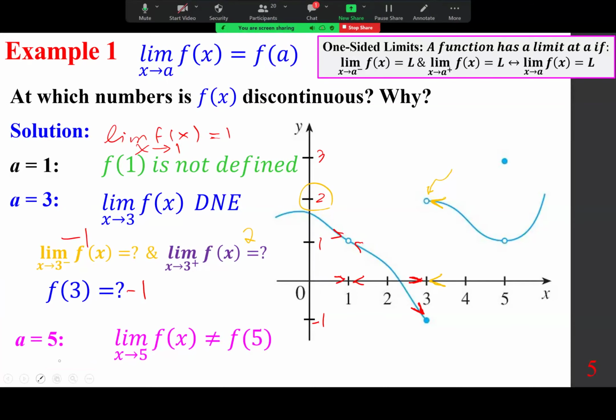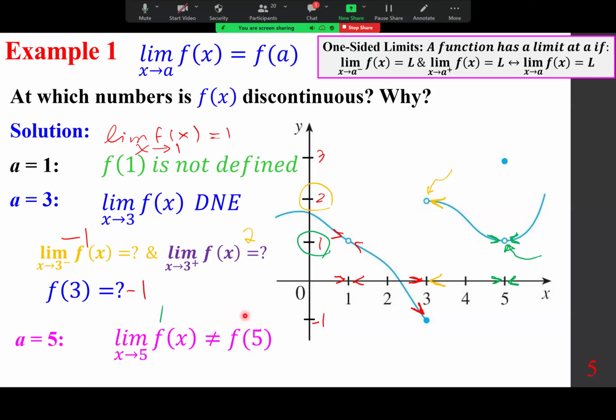As we approach 5 from the left and from the right, we are moving towards this hole. And this hole has a y coordinate 1. So the limit exists, yes. The limit of f of x as x approaches 5 is equal to 1. But it's not equal to f of 5.